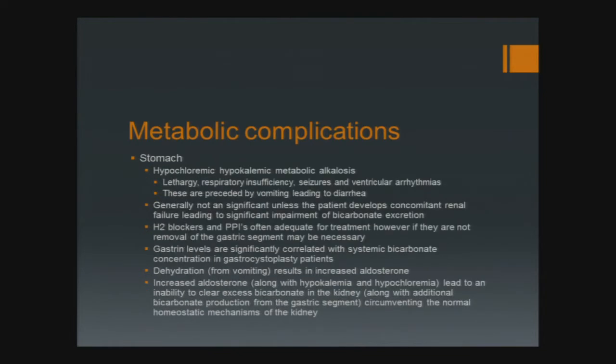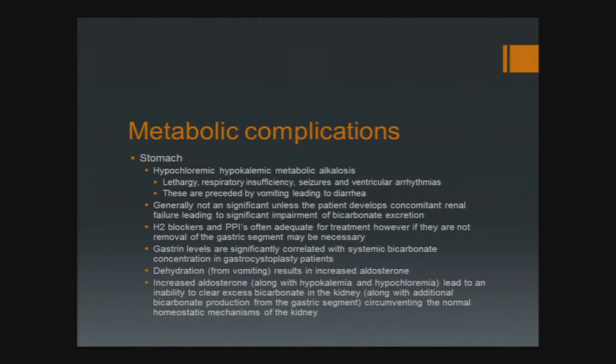So the stomach generally leads to a hypochloremic, hypokalemic metabolic alkalosis. This can present with lethargy, respiratory insufficiency, seizures, and ventricular arrhythmias, but presumably it is preceded, and usually is preceded, by vomiting, leading to diarrhea. So usually this is not a significant complication unless the patient has developed some concomitant renal failure, leading to significant impairment in bicarb excretion.